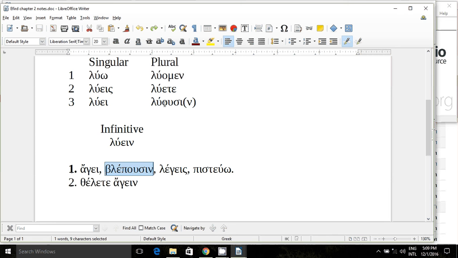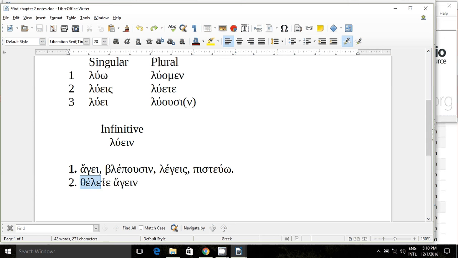Well, it's got that usin ending, it's third plural, so it's they. And I see that blepo means see, so it's they see. Leges, that ace ending, is second person singular, you lead. Pisteo, first person singular, I believe.